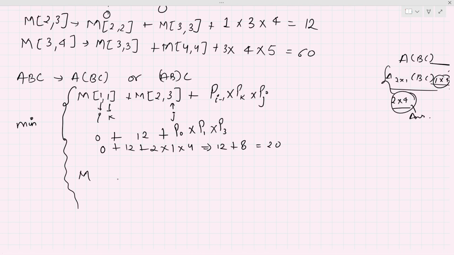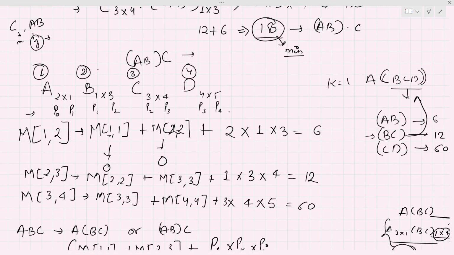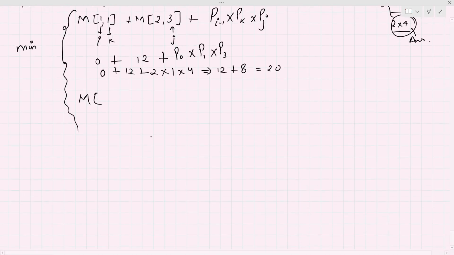So AB means matrix number 1 and matrix number 2, plus the C is left alone, the C is matrix 3, so 3, 3 plus, now remember this thing, I minus 1, Pi minus 1. So what's the value of Pi minus 1?